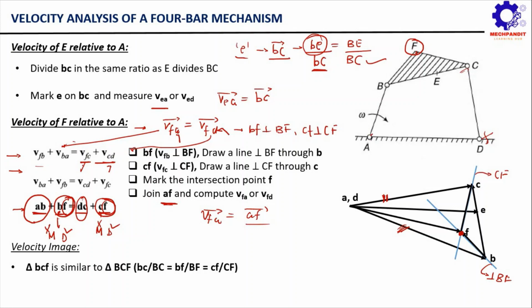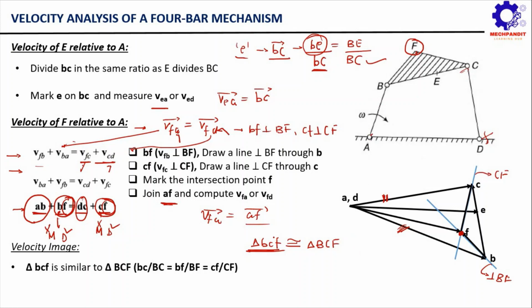Now I was telling you about a very important concept. That concept is called the velocity image. If you observe carefully, this small triangle bcf is similar to the triangle capital B, capital C, capital F. So the triangle bcf in the vector diagram is similar to triangle BCF in the configuration diagram.